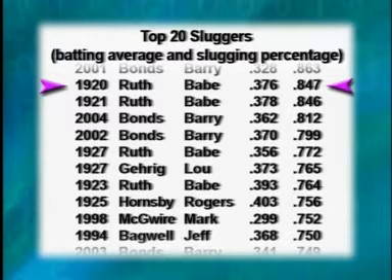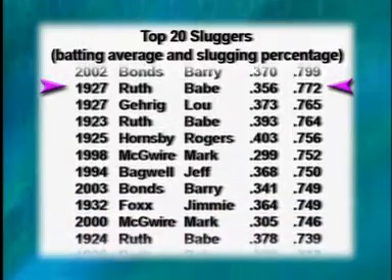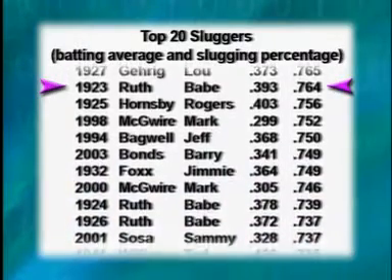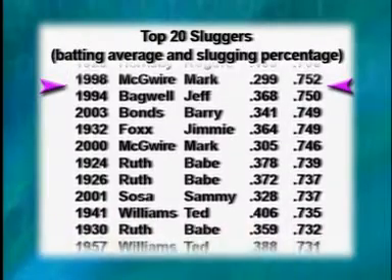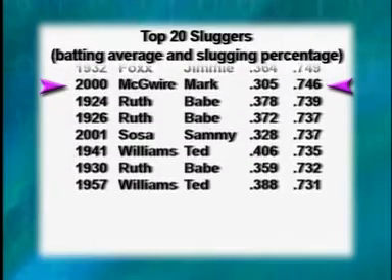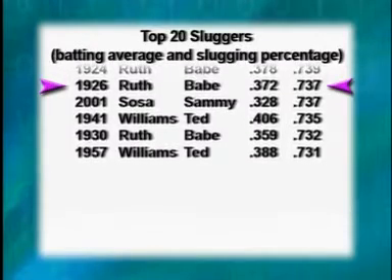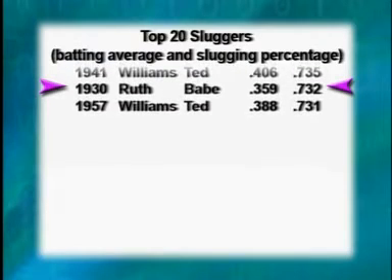So here we have Bonds, Babe Ruth, Barry Bonds, Babe Ruth, Lou Gehrig, Babe Ruth again, Rogers Hornsby, Mark McGwire, a relatively modern player, Jeff Bagwell, Barry Bonds again, Jimmie Foxx, McGwire, Babe Ruth, Sammy Sosa, Ted Williams, Babe Ruth again. So Babe Ruth occurs an amazing number of times on this list of slugging percentage.